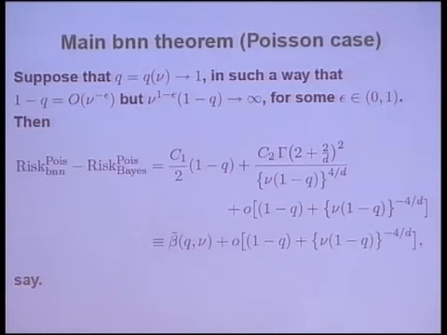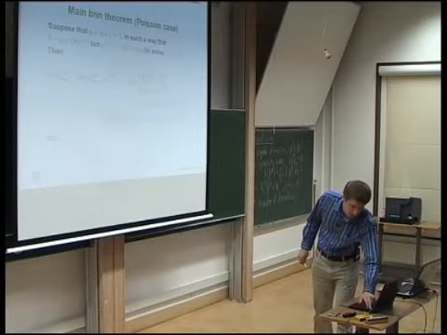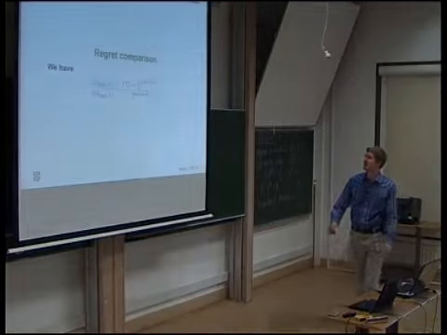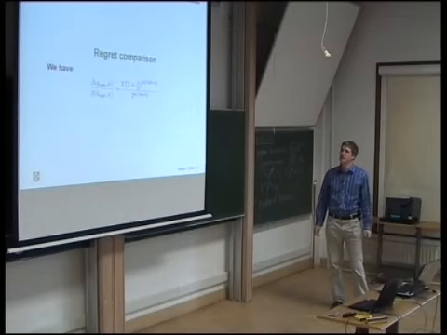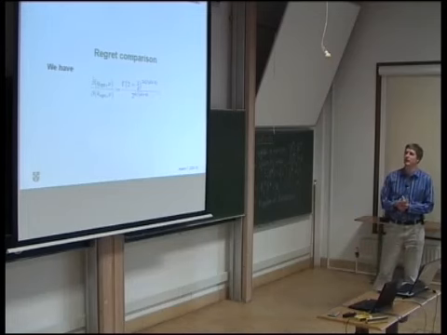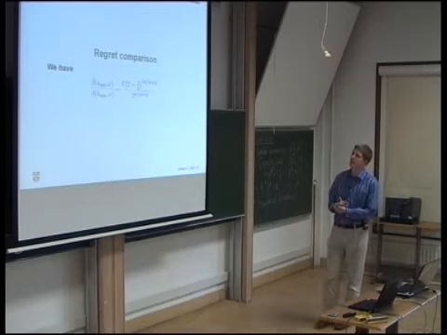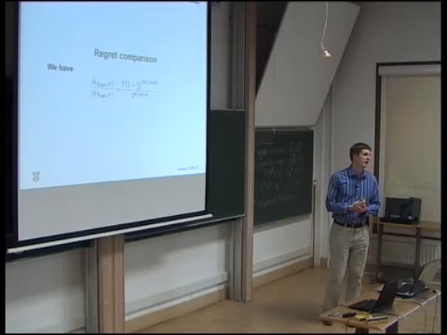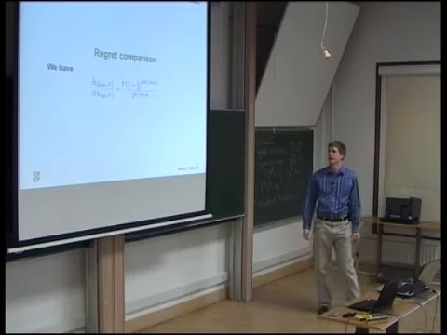And unsurprisingly, you get the same rate of convergence here, nu to the minus 4 over d plus 4. But what you can also do is put in these two optimal values for the smoothing parameters, the optimal value of Q for the bagged nearest neighbour classifier and the optimal value of K for the K nearest neighbour classifier, and look at the ratio of these asymptotic regrets.